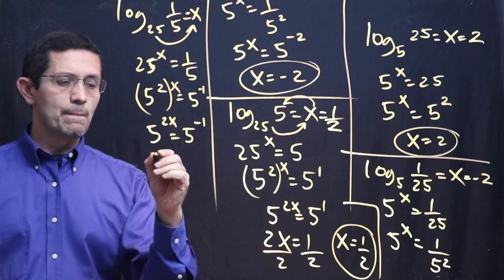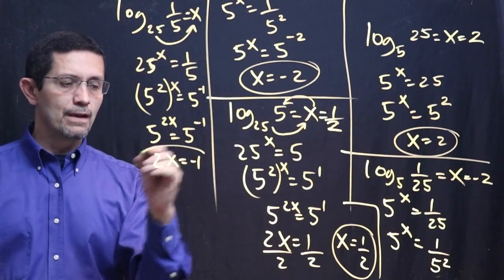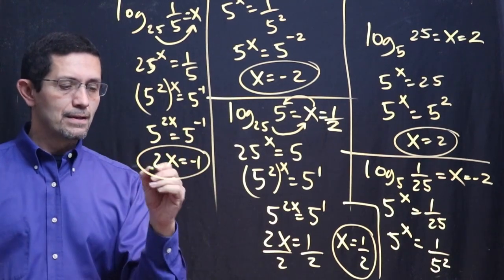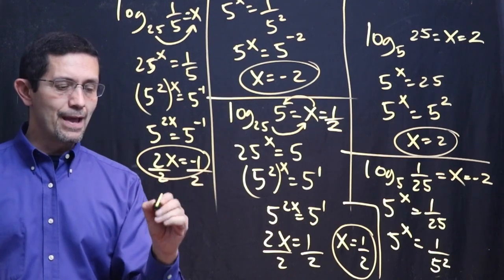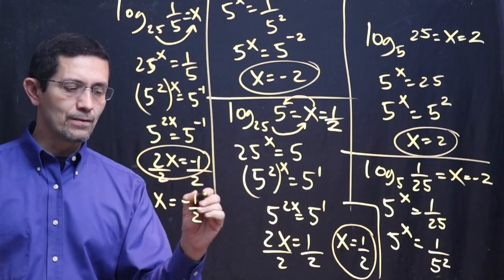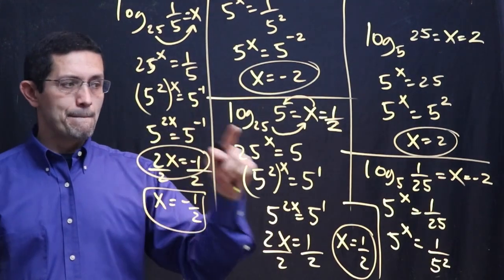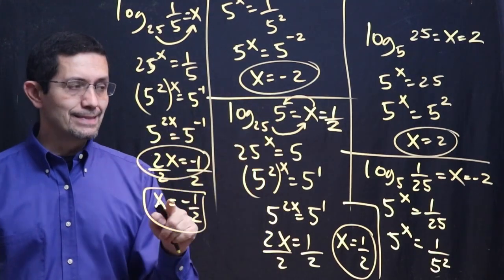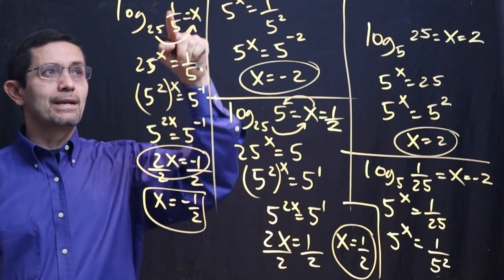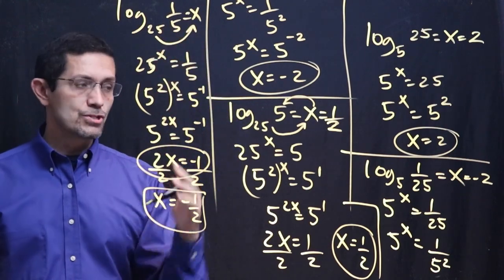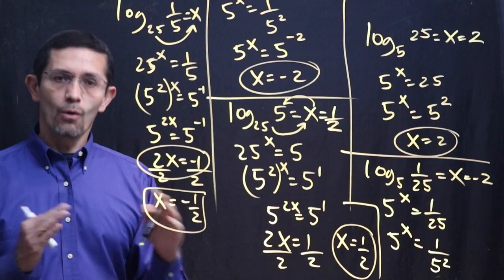Base is the same. 2x equals negative 1. Divided by 2, x equals negative 1/2. So it's a fraction because my base is bigger than my argument, and it's negative because now I'm getting a fraction in my argument. That's the same idea all the time.